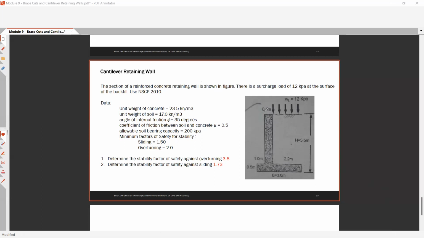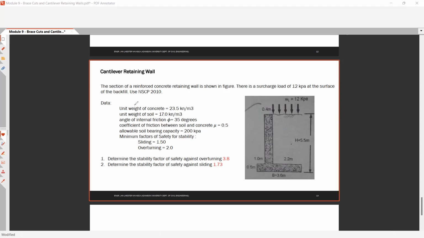You have here 0.4, 0.5, and 3.6 dimensions. 1 meter yung toe slab dimension and 2.2 meter yung heel slab dimension. And the total height of your cantilever is 5.5 meters. There is a surcharge load of 12 kPa at the surface of the backfill and using the NSCP 2010.